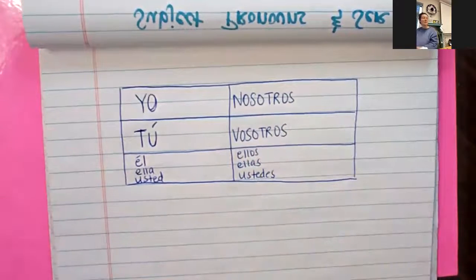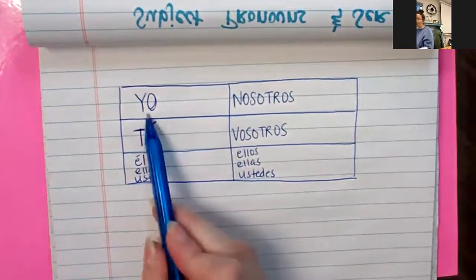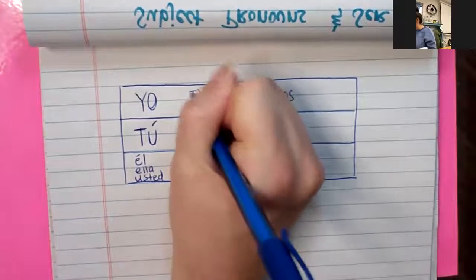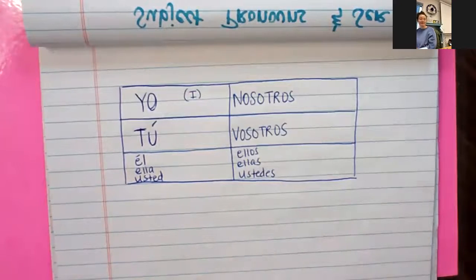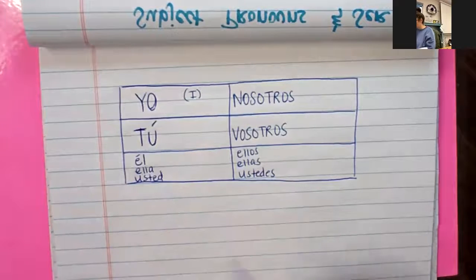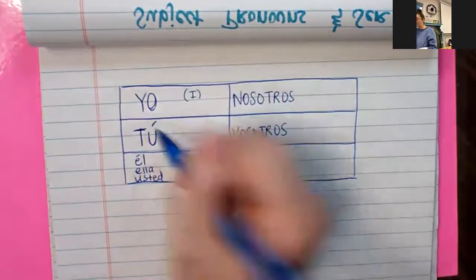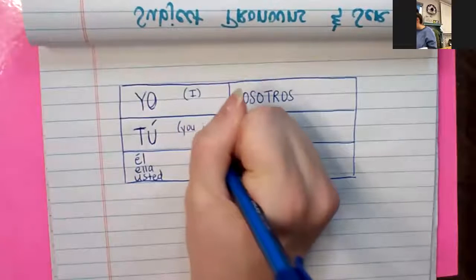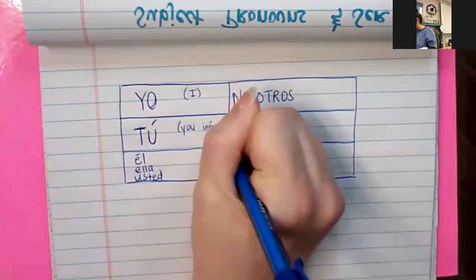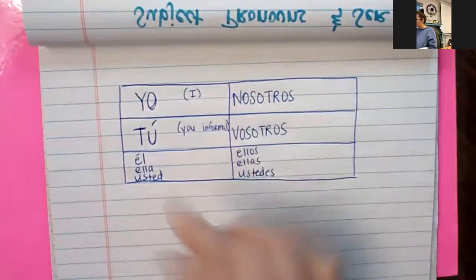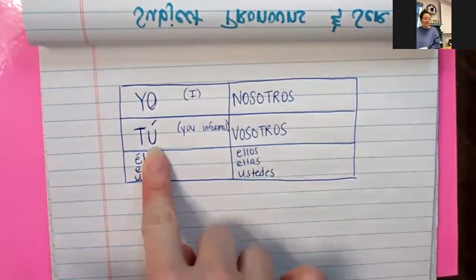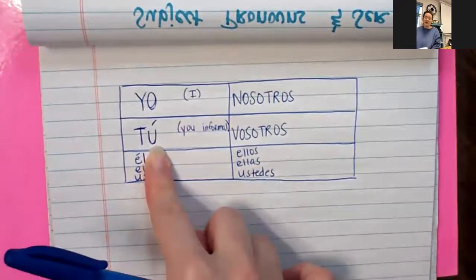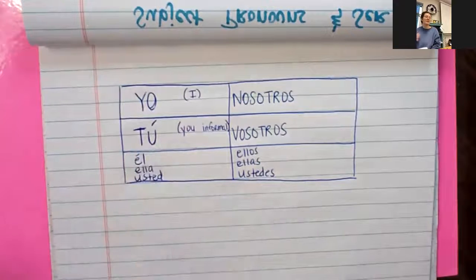And if you want some help pronouncing them, so we have yo. Yo is how you say I in Spanish. Tú, with the accent, is how you say you, and this is informal. So this is the form of you that you will use if you're talking to like a friend, someone who's your age, or someone that you're really familiar with.